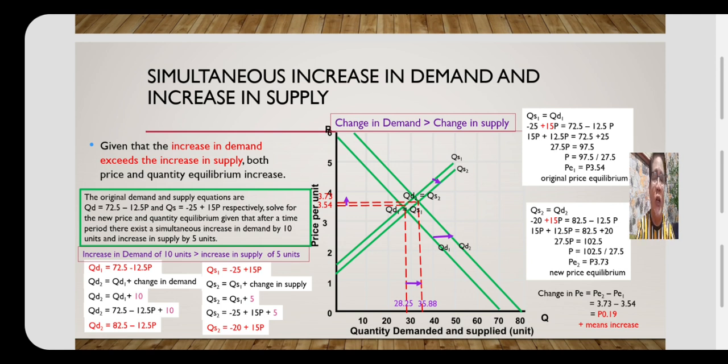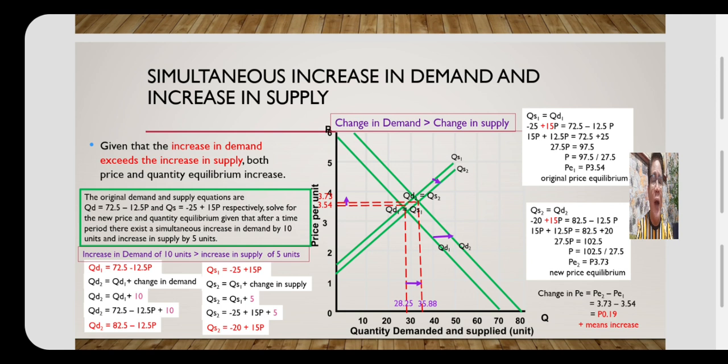So in this particular problem, the change in demand is specifically an increase in demand by 10 units. And the change in supply is specifically an increase in supply by 5 units.